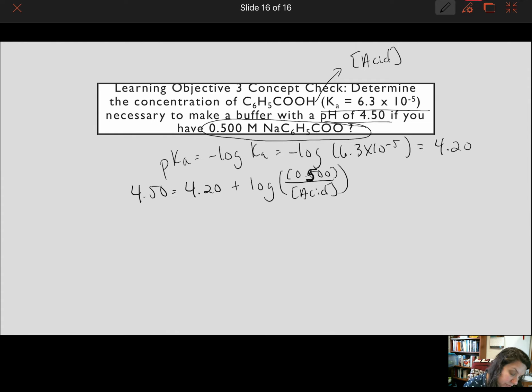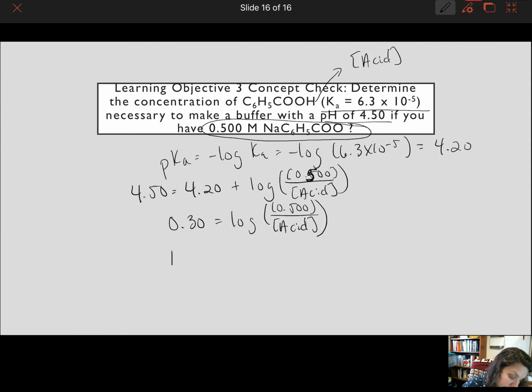So subtract 4.20 from 4.5, we get 0.30 is equal to log of 0.500 divided by our acid concentration. And we solve for this.